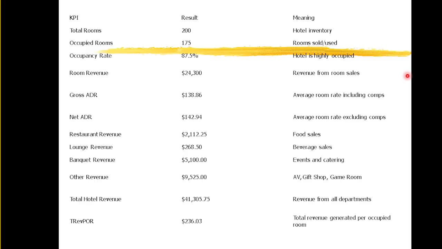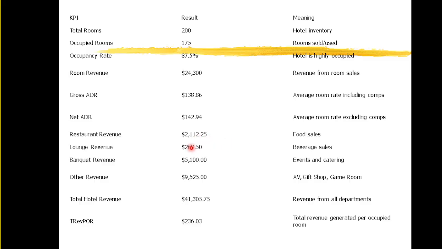Then the net ADR is $142.94. It is the average room rate excluding the complimentary rooms. Then we have the restaurant revenue.